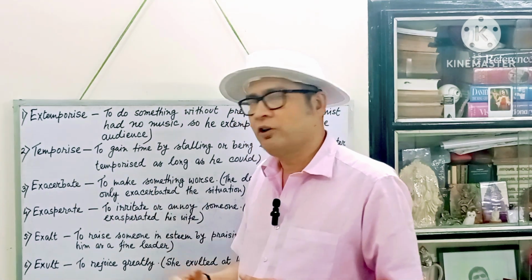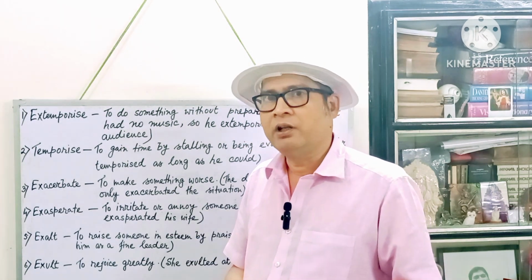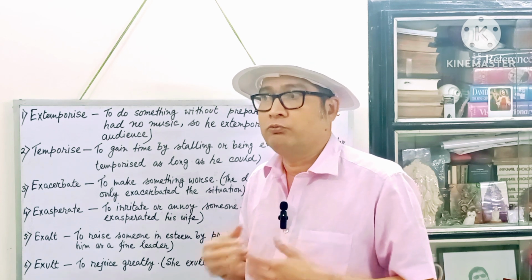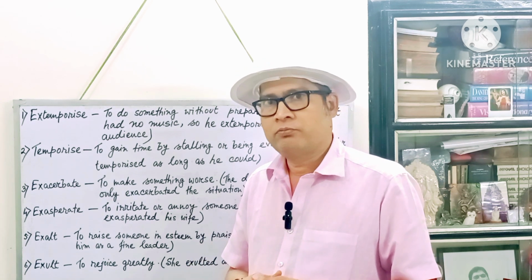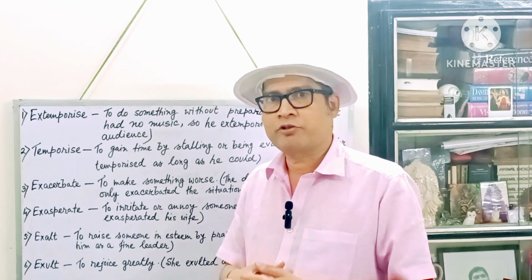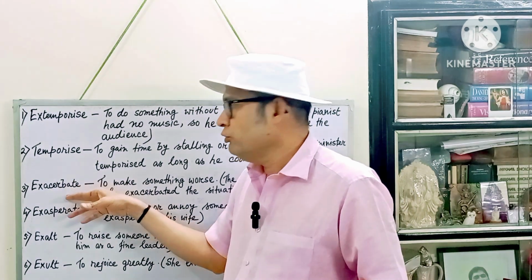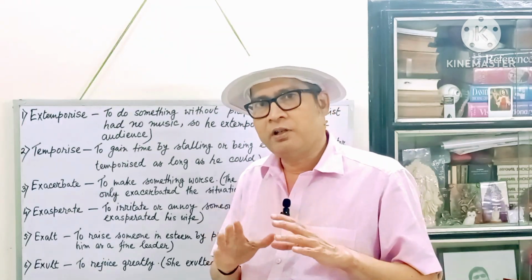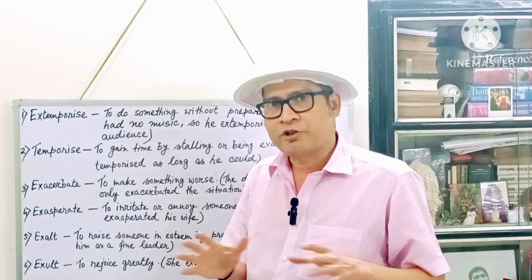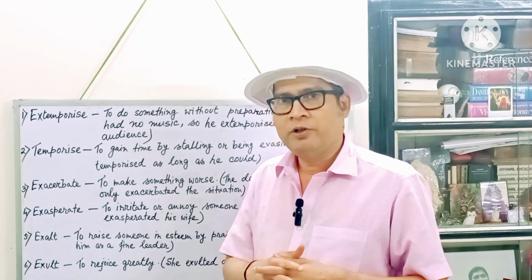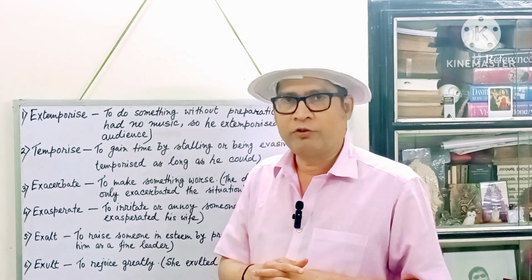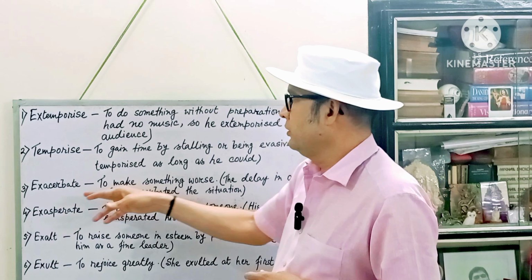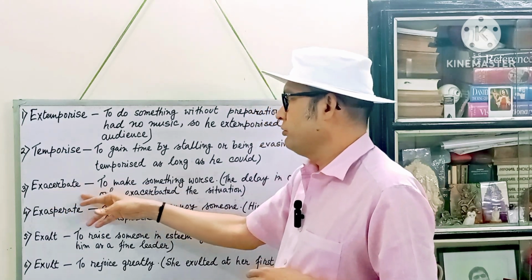And for that reason only, there is every possibility that we will make mistakes. We are prone to make mistakes. And now, as the meaning is being clearly discussed, I hope next time you will not have any confusion at all. First one is exacerbate.